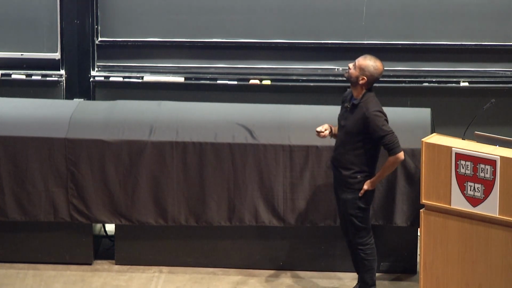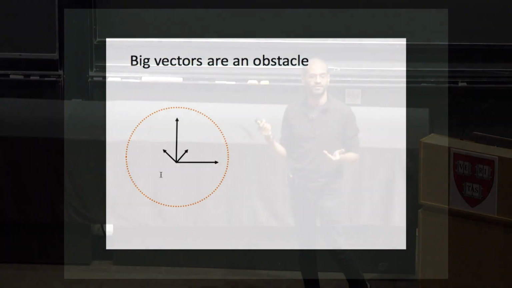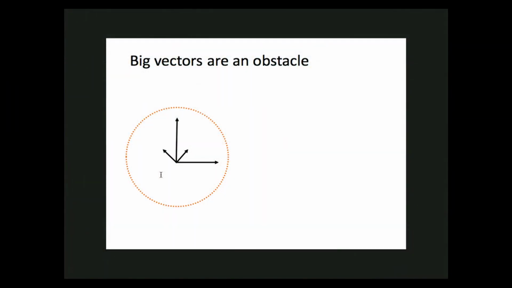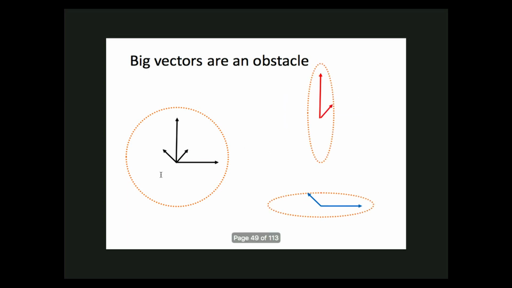Here's another example. You have these 4 vectors. 2 of them are really long and 2 of them are short. The problem is that because the long vectors essentially dominate this covariance matrix, no matter how you partition it, you're going to either get one huge ellipsoid and one tiny one, or you're going to get 2 really unbalanced ones.